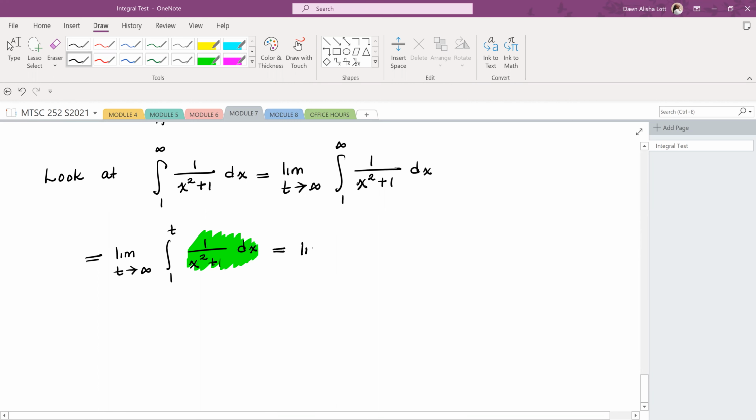So this is the limit as t approaches infinity of the tan inverse of x evaluated between 1 and t. So that is the limit as t approaches infinity of the tan inverse of t minus the tan inverse of 1.